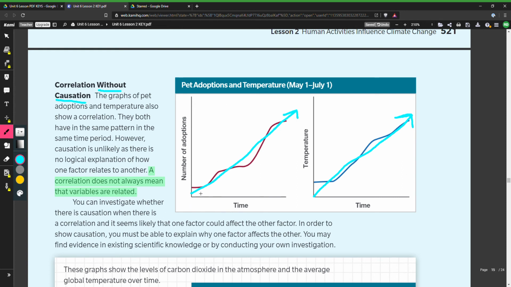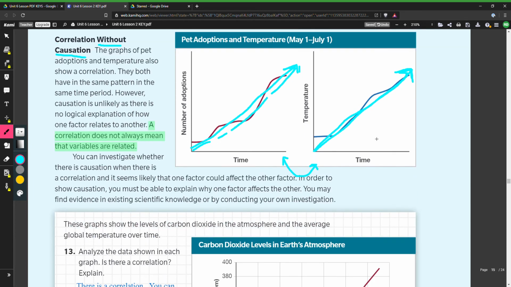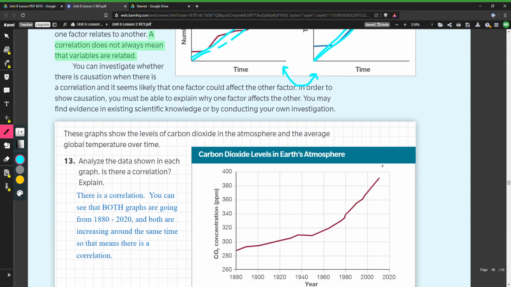So why would the temperature increase as the number of animals being adopted increases? Or as it got warmer, why would more animals get adopted just because it's warmer? So these two things do have a correlation because they look similar, but they don't necessarily have causation, meaning they're not actually affecting one another.